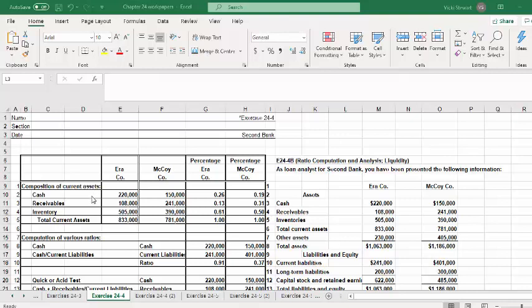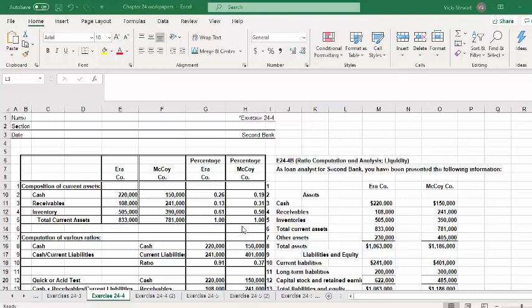So for each of these companies, I have taken their cash, receivables, and inventory and divided those by their total current assets. So in these two columns, we have the percentages for each of these three current assets divided by the total. And this type of analysis just allows us to compare companies that have different amounts and use a percentage basis to look at which one might be more liquid or have a better ability to pay back the loan.